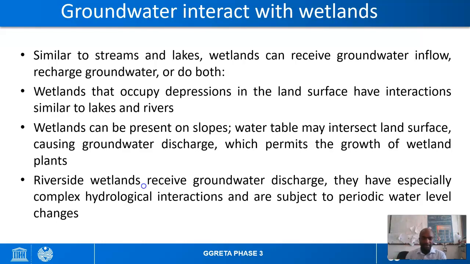Especially those sitting in low-lying areas. Normally, it's quite complex in terms of the feedback interactions between the groundwater and the surface water. And of course, they are subject to periodic water level changes depending on the nature of that particular wetland, climate conditions, and permeability aspects as well.